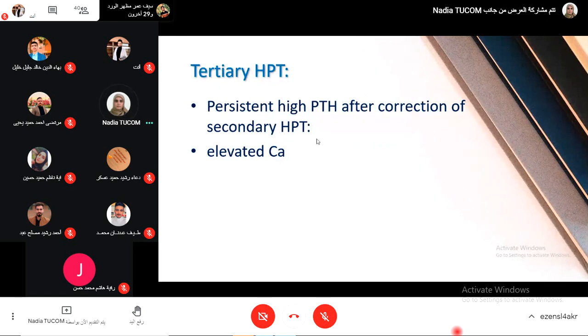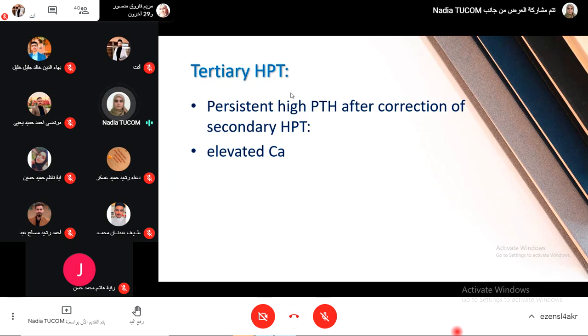So there will be continuous hyperplasia, sometimes called autonomous adenoma. It is not actually an adenoma, it is continuous, long-standing hyperplasia after chronic secondary hyperparathyroidism for many years.